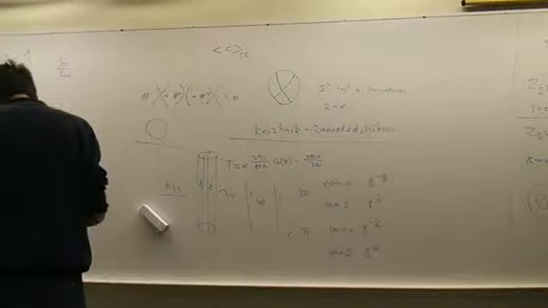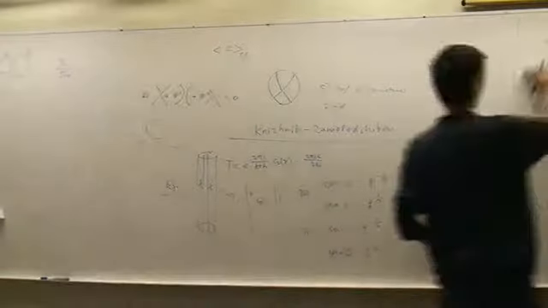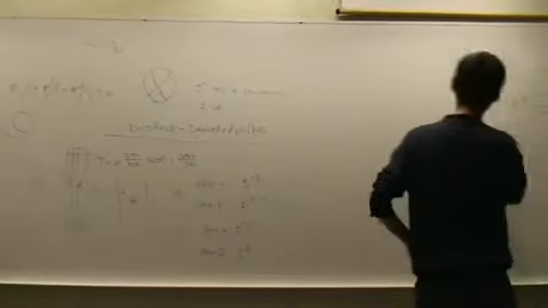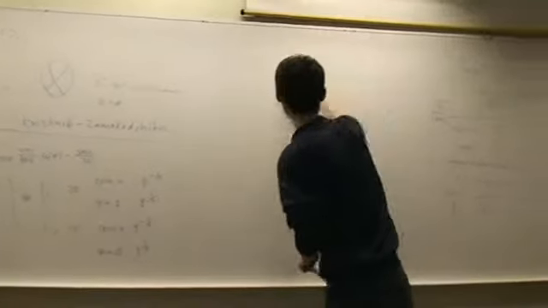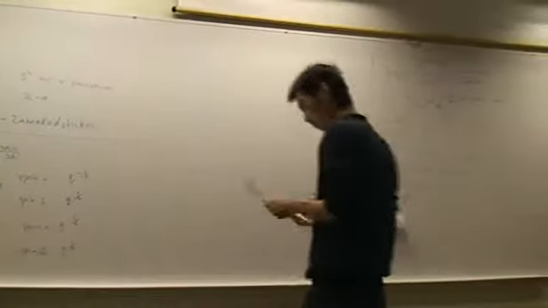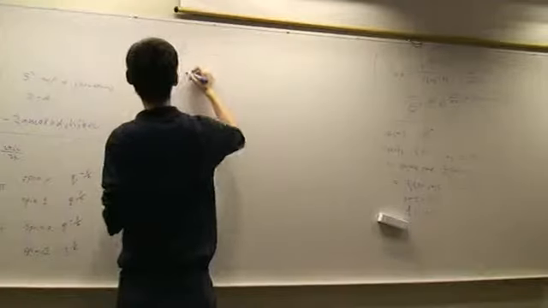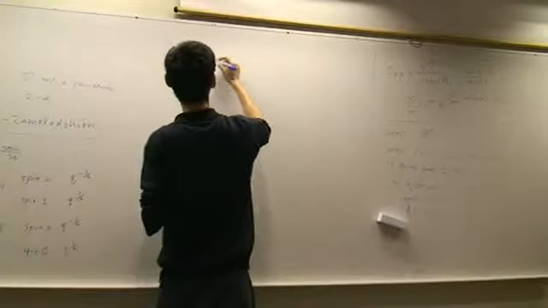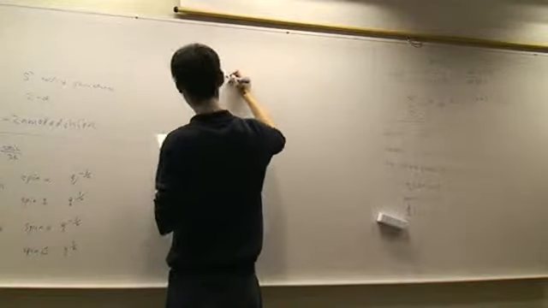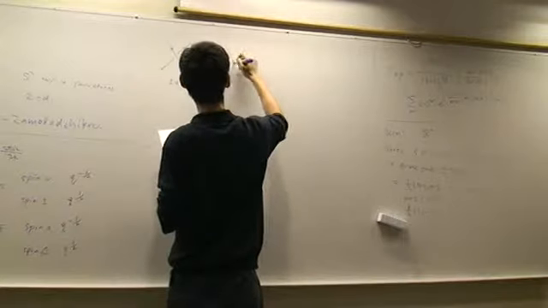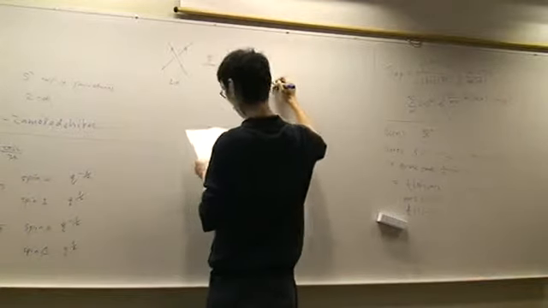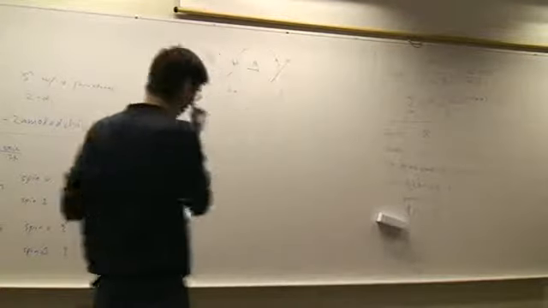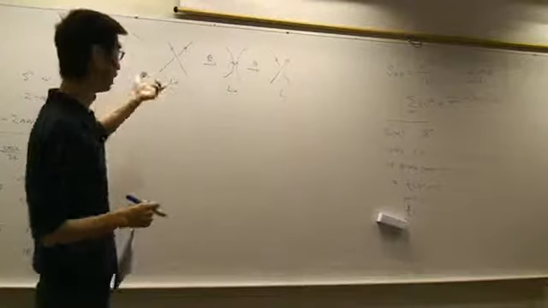Okay, so let me draw some diagrams. Again, I have an undercrossing. The reason I call it B is because it's actually the braiding operation.